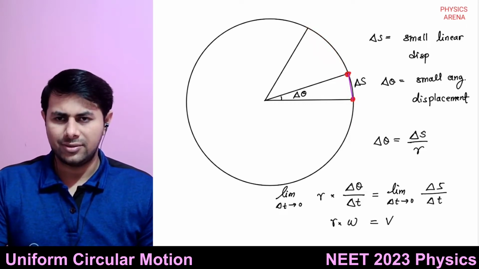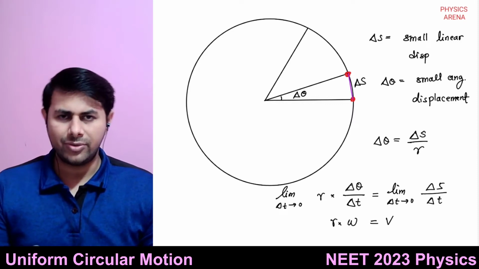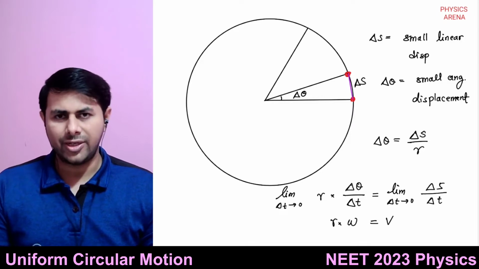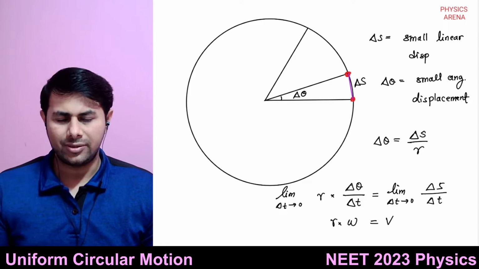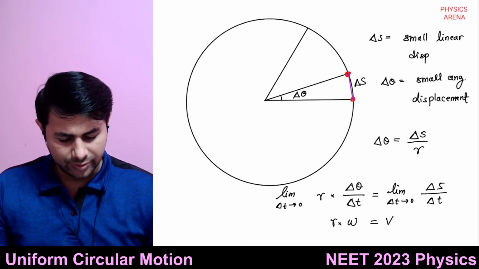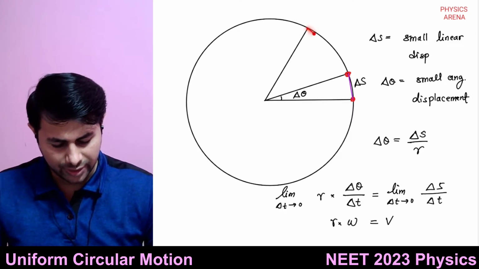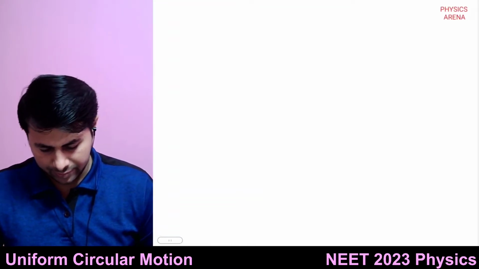So I can say that average speed is equal to r multiplied by angular speed, but I cannot say that average velocity is equal to that. So how do I find average velocity? See, what will be the average speed?